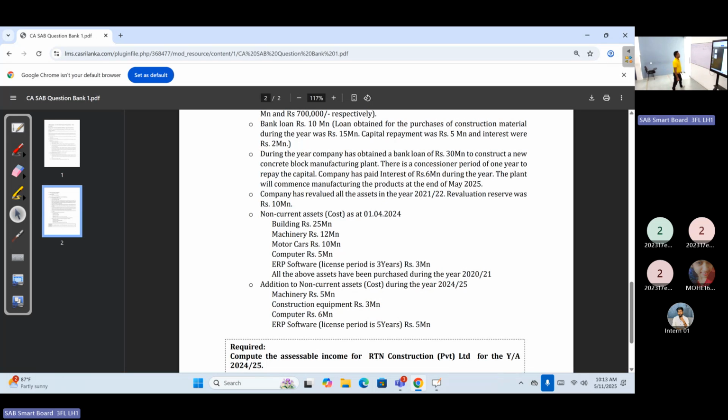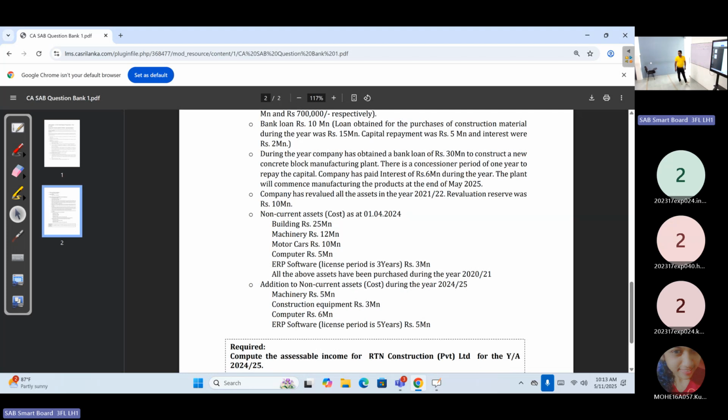Cost. How many years will it take? We can claim capital allowance for how many years? 20 years. Now first 21, 22, 23, 24: 4 years claim nothing.